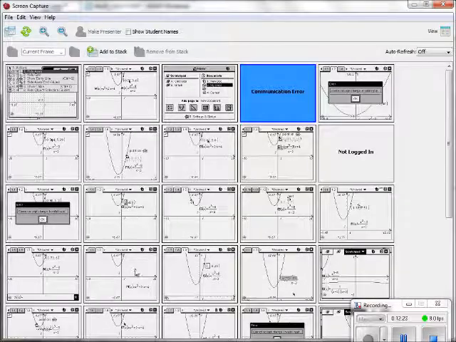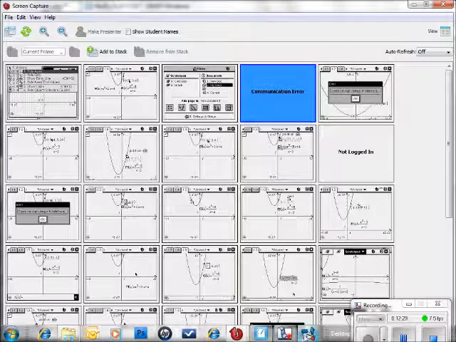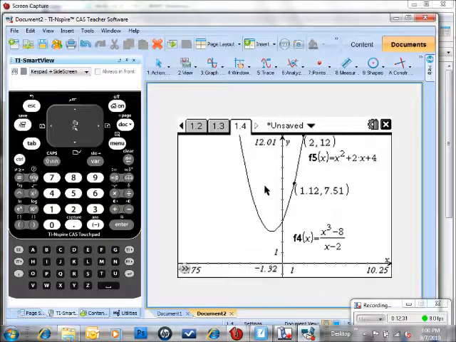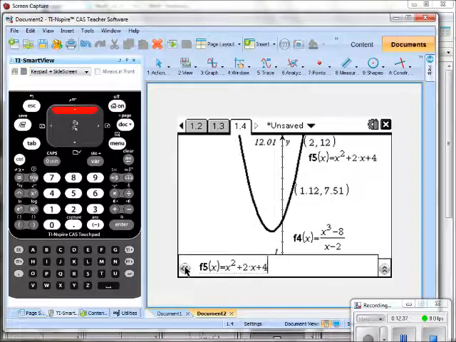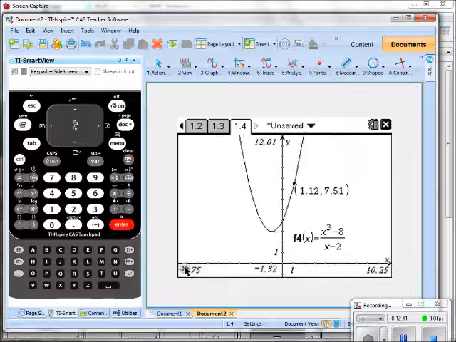Now I want to go up here and erase f5. Okay, so it's gone. And we know that we cannot take this point and put it at 2. How close to 2 do you think I can place this point?